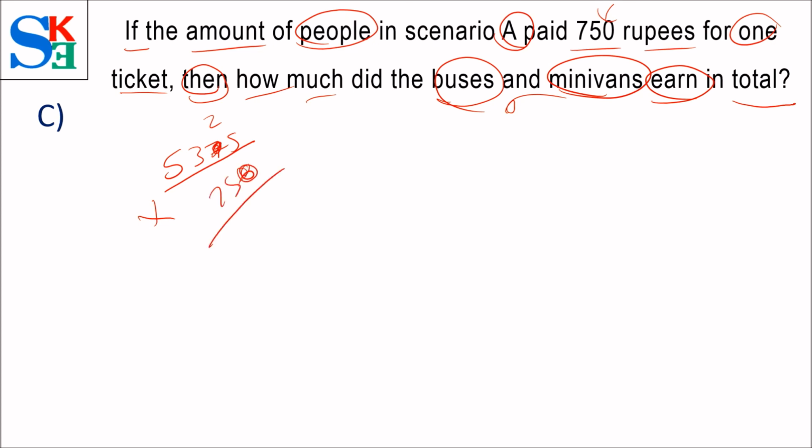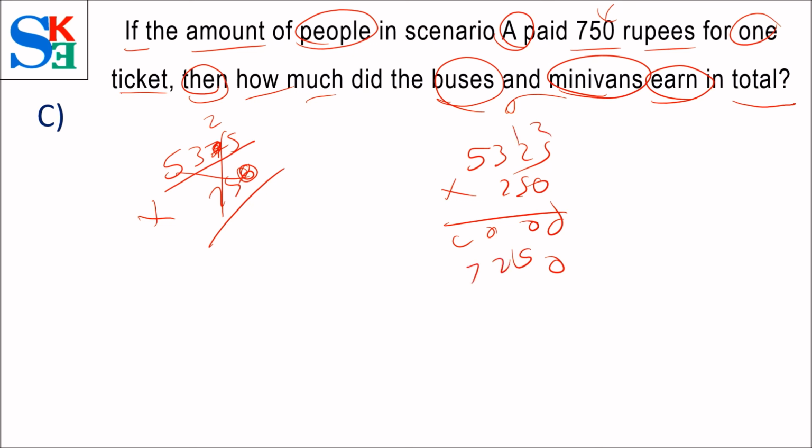Okay, I'm going to write a new one. 5325 multiplied by 750. Zeros first, then 5 multiplied by 7 is 35, 2 multiplied by 7 is 14, 3 multiplied by 7 is 21.